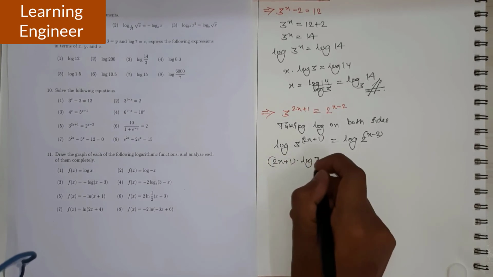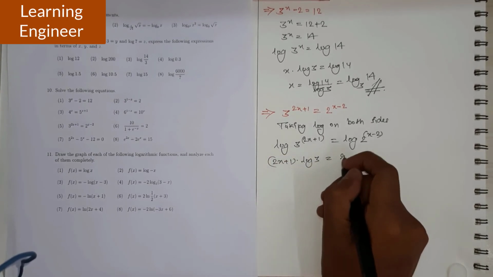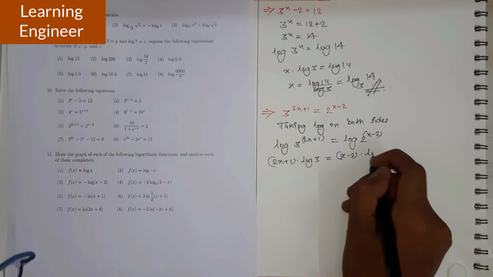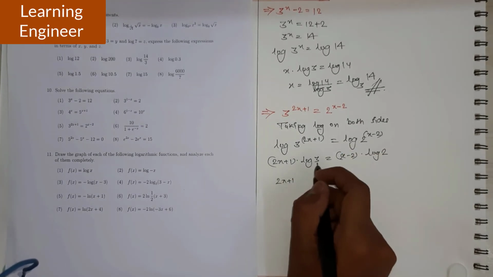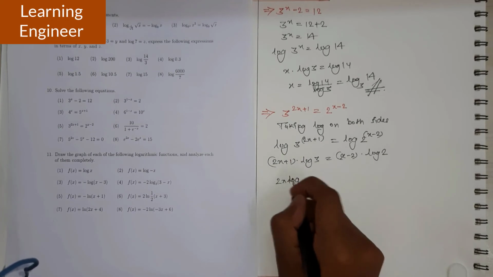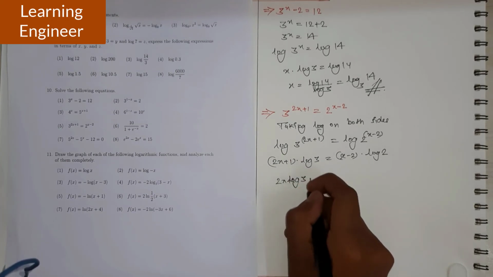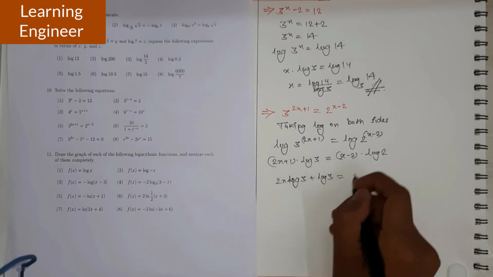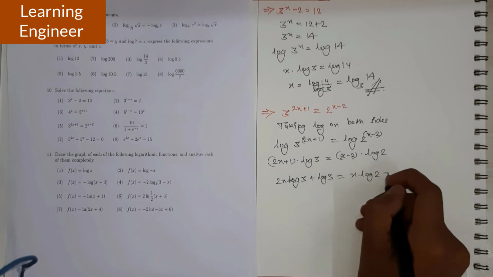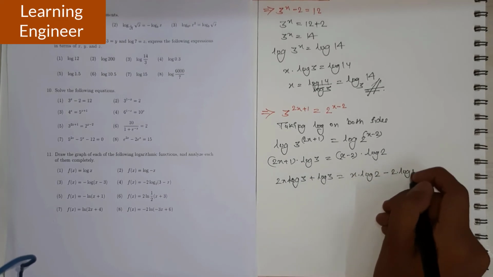This is log 3, and now x minus 2 into log of 2. We can multiply this 2x with log 3, so 2x log 3 plus log 3. We have opened this particular bracket. Let us open this bracket also: x into log of 2 minus 2 into log of 2.